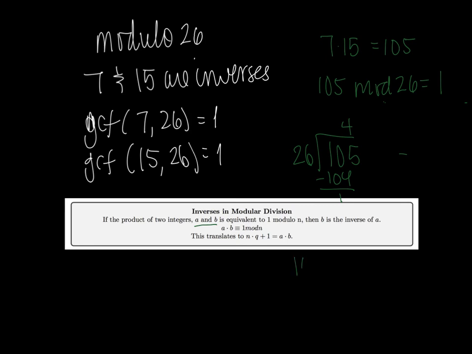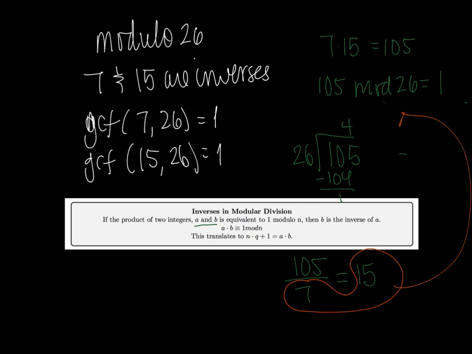If we look then at 105 and divide it by 7, we get 15. Therefore, this connection, also taking into account that their product is equivalent to 1 with regard to our modulo, lets us know that they are inverses of one another.